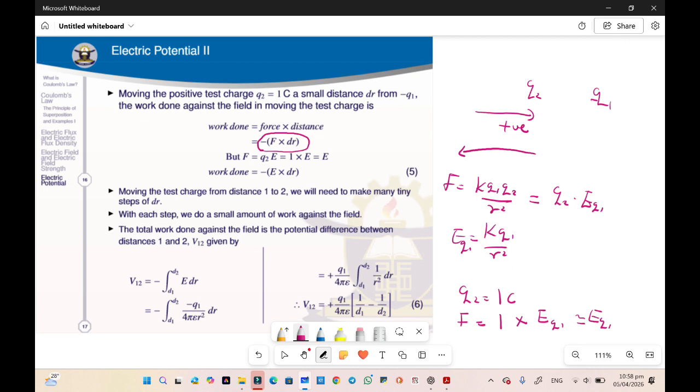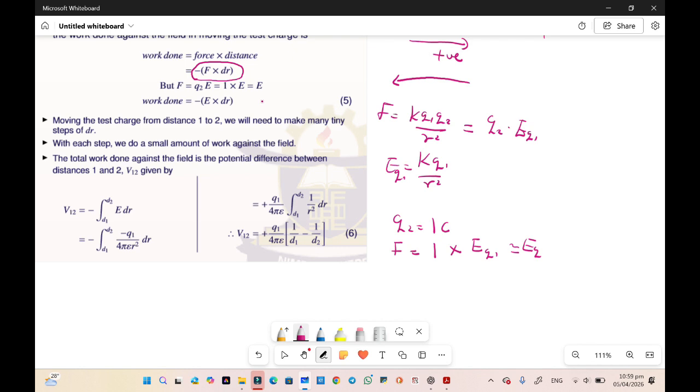Okay, so if that is the case, then we can say that the work done is now equal to minus the electric field times dr, because Q2 is equal to 1 coulomb.